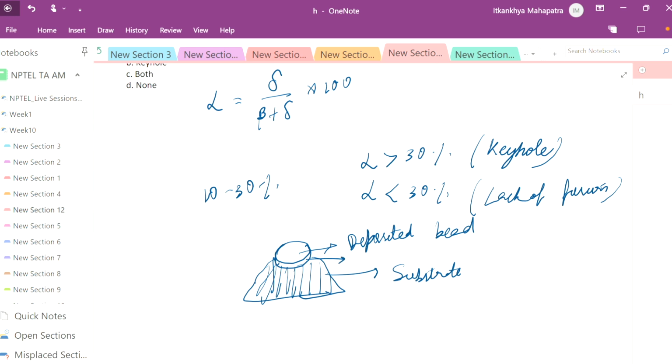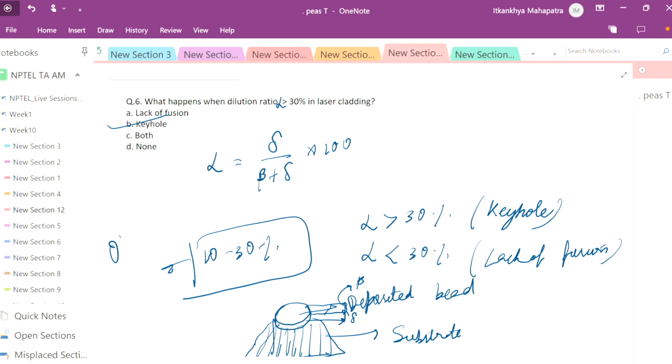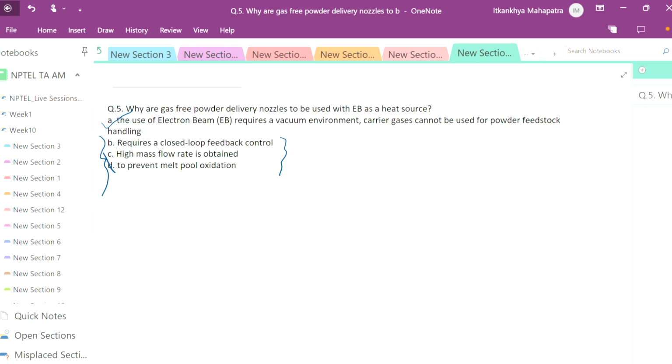If we take from here to here, just as an example, this will be beta, and this will be delta. Now your total alpha is delta by beta plus delta into 100. So when your dilution ratio is greater than 30% in laser cladding, as we mentioned, keyhole defect occurs. And the optimal range is this one.